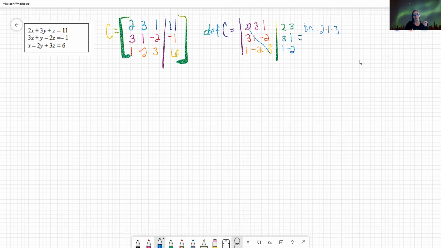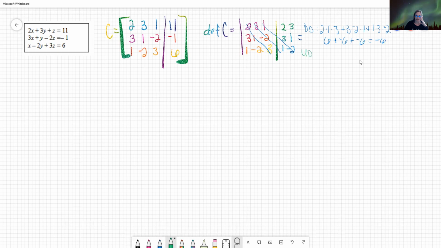Make sure we're doing this the right way. 3 times -2 times 1. 1 times 3 times -2. 2 times 1 times 3 is 6, plus 3 times -2 times 1 is -6, plus 1 times 3 times -2 is a -6. 6 minus 6 minus 6 is a -6.